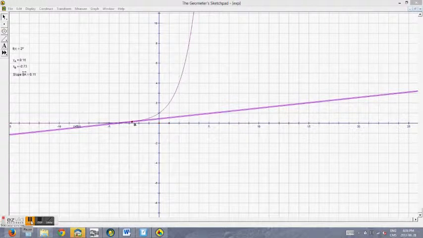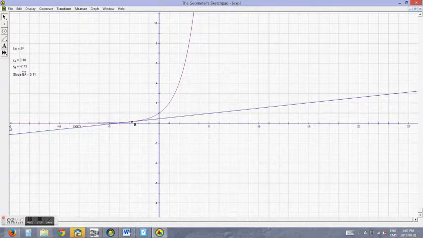Let's take a look at this exponential. What I've got graphed here is f of x is equal to 2^x. An exponential, the base is constant and the exponent is the variable. You'll recognize the curve to have that characteristic shape of an exponential function. In blue, I have a tangent along the curve.